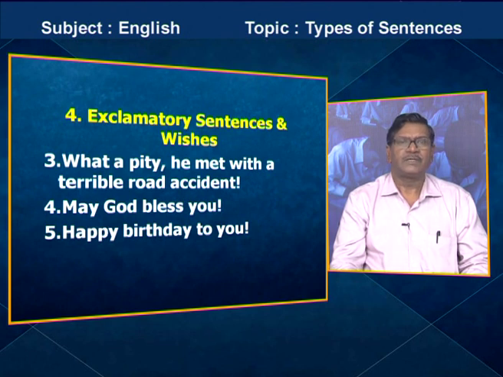So, we can also change them, transform one variety of sentences into another without changing the meaning. See, look, exclamatory sentences can be changed into assertive sentences. What a wonderful opportunity it is. It is a very wonderful opportunity. It is an assertive sentence.